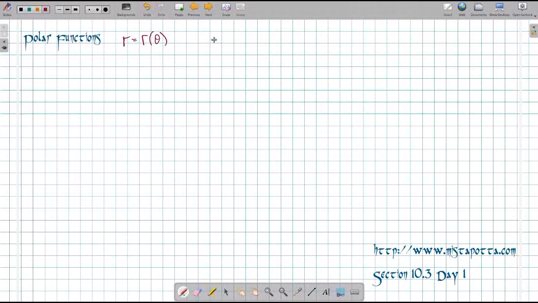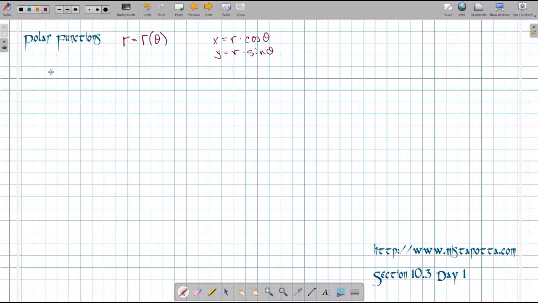So when I say x, I was really saying r times the cosine of theta, and y was r times the sine of theta. So I'm coming up with functions of theta. Theta is usually my independent variable. In other words, I'm usually determining my angle and then calculating what r is for a particular point.